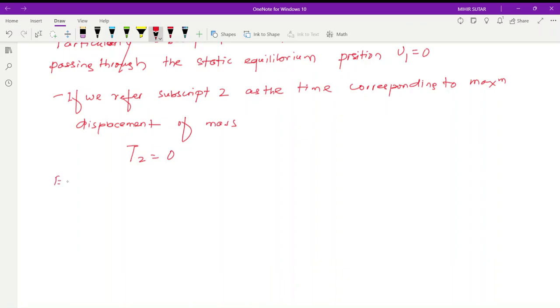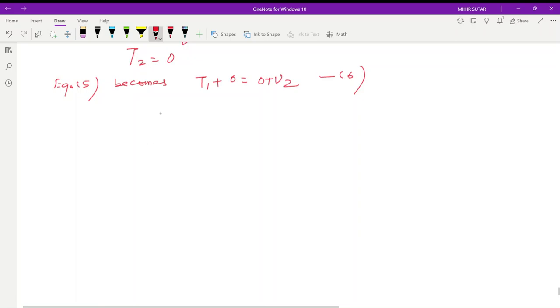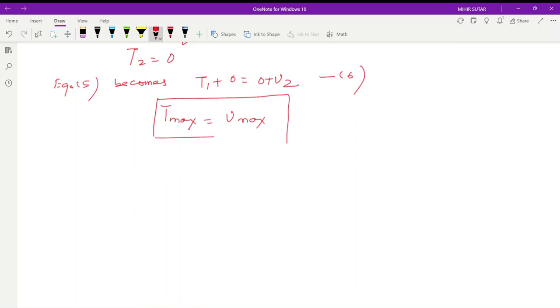So equation 5 becomes T1 plus 0 is equal to 0 plus U2. Let us say this is equation 6, or we can say that T max is equal to U max. Okay, maximum kinetic energy is equal to the maximum potential energy. Let us say this is equation 7.